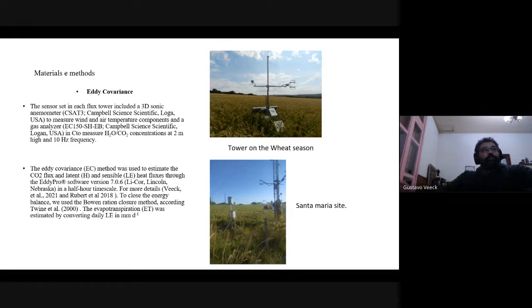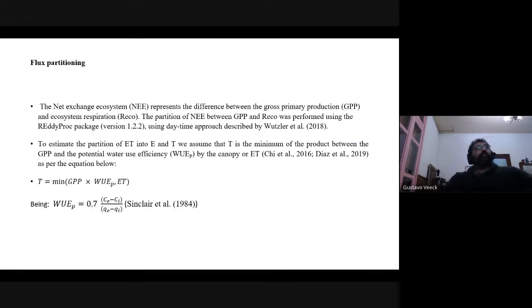The Eddy Covariance method was used to estimate the CO2 flux, latent heat flux and sensible heat flux. The NEE flux partition represents the difference between the gross primary production and ecosystem respiration. This partition of NEE between GPP and respiration was performed using the REddyProc package.